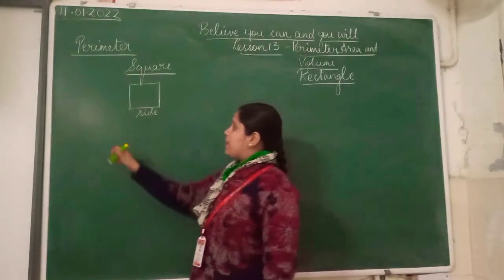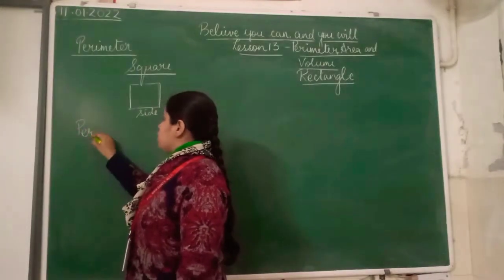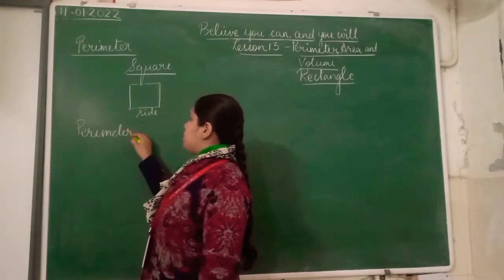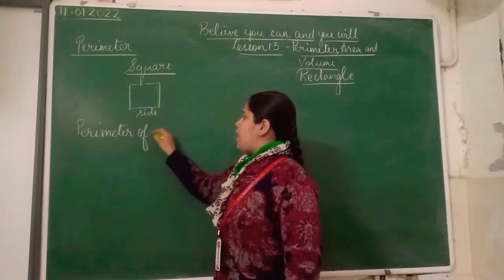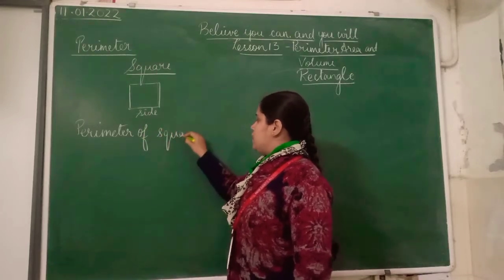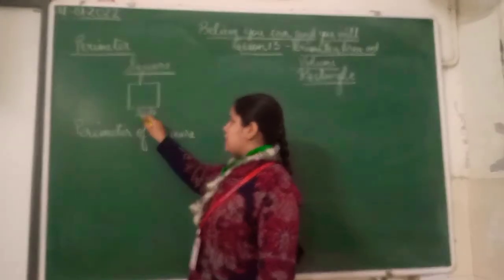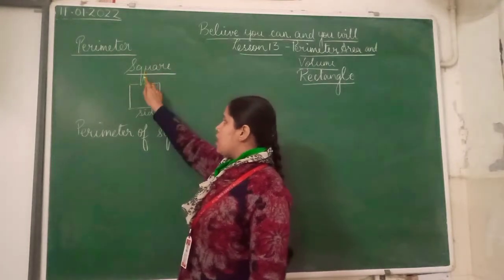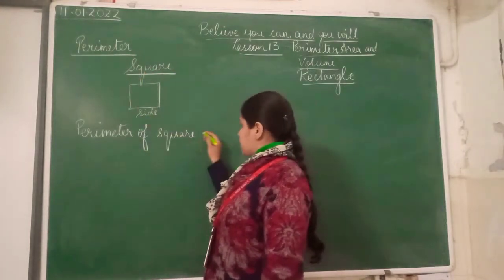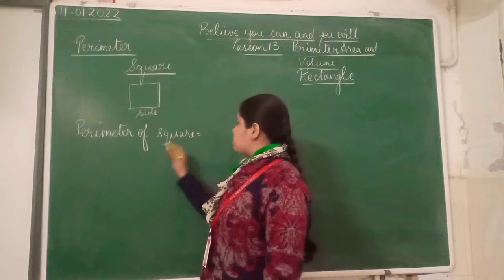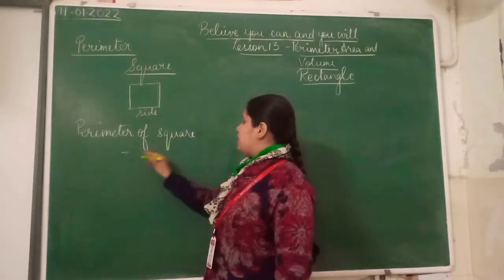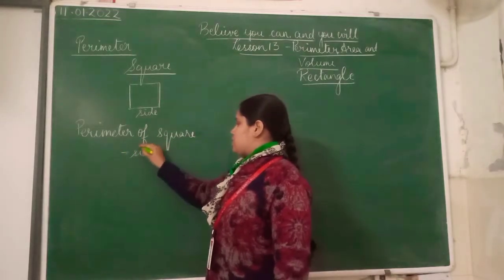So to find the perimeter of square, what we would do is, we would be adding side plus side plus side plus side. So we will be adding, right? We will be adding side 4 times.